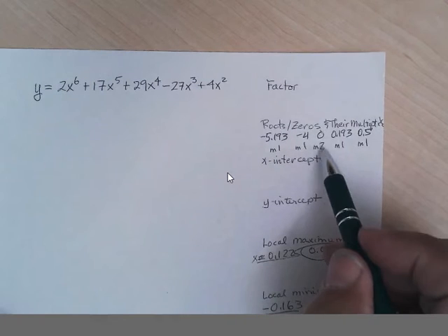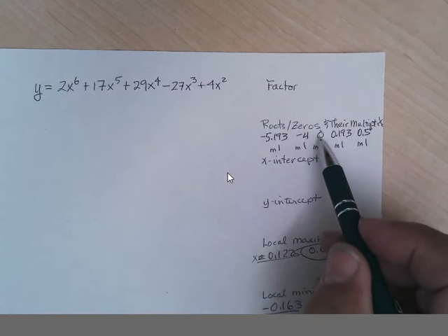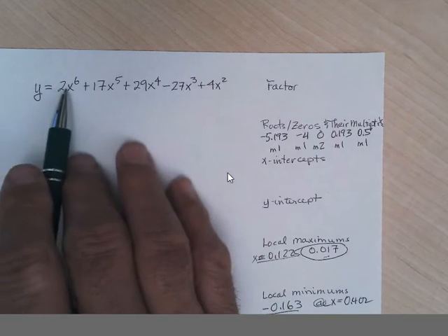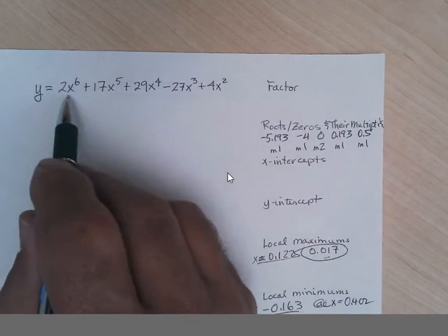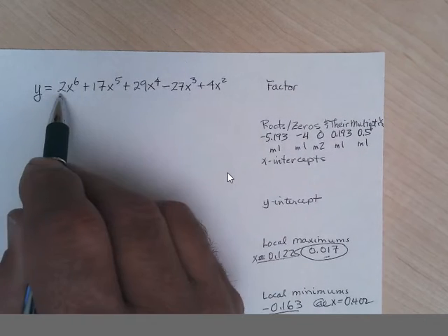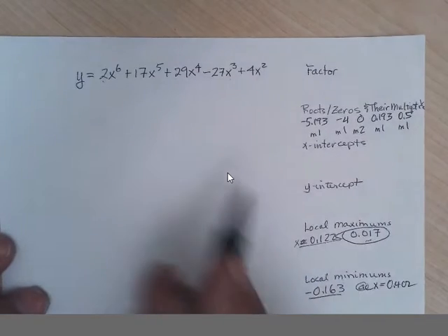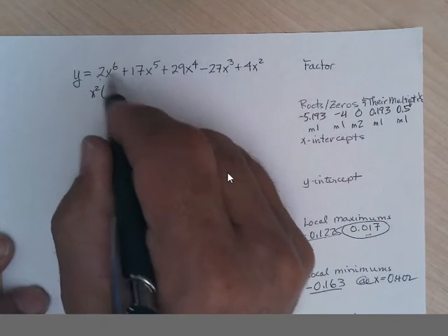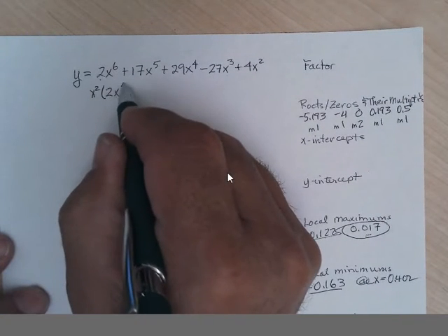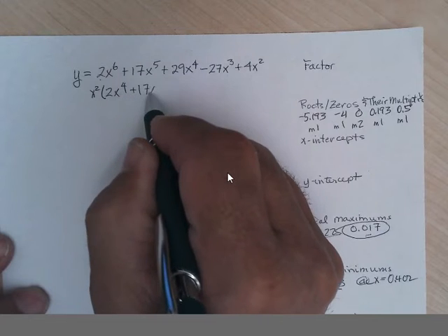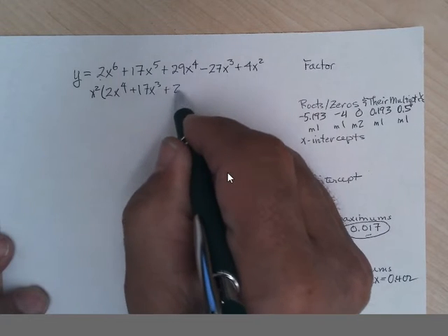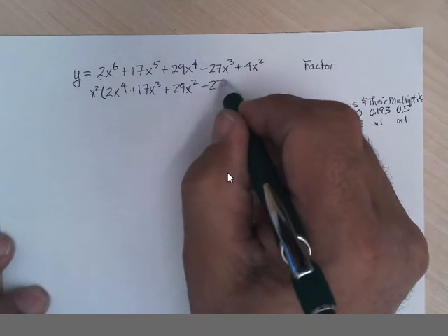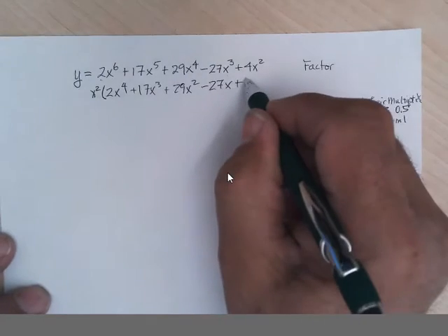The multiplicity of 2 says there's a factor twice, and the 0 says it's x. The factor is x twice, so it's x squared. Do I see an x squared in all of this? I believe I do, so I can factor out the x squared. That would leave me 2x to the 4th plus 17x to the 3rd plus 29x squared minus 27x plus 4.